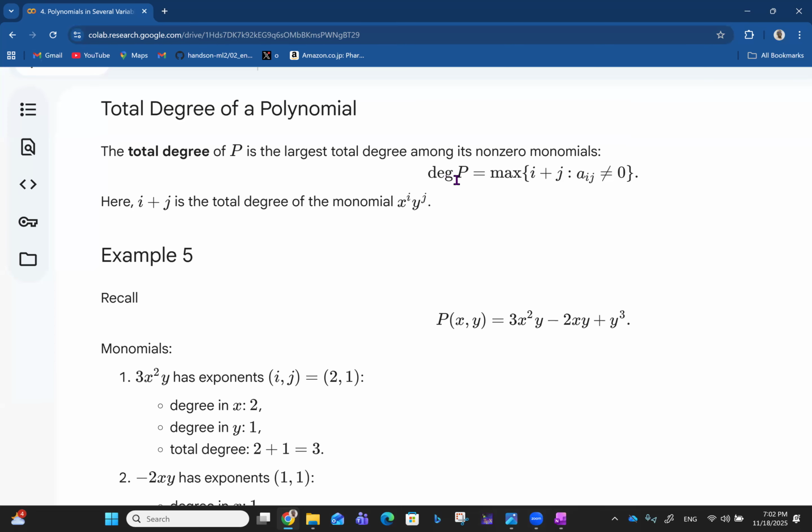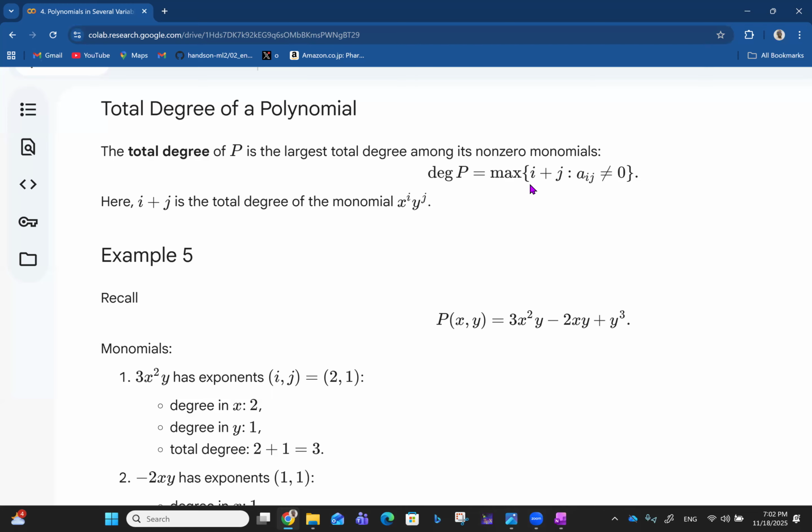So the degree of P is the maximum value of i plus j such that a_ij is not 0. If you add all the exponents of x and y together, imagine you have 5 monomials making up the polynomial.